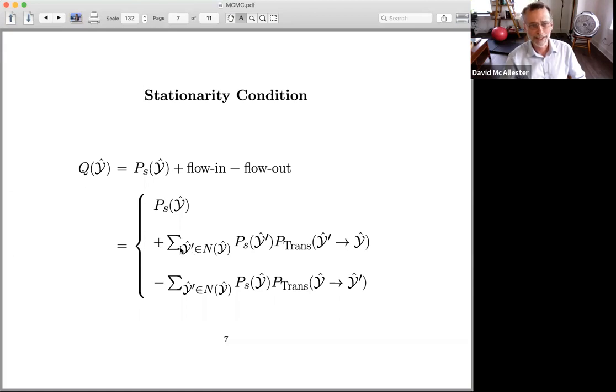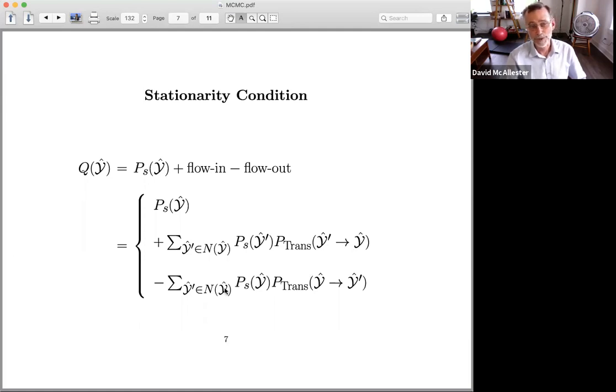So the next probability is the previous probability plus the flow in. And the flow in is just the sum over all the neighboring states of the flow in from that neighboring state, which is the probability of that neighboring state times the probability that if I pick that neighboring state, I take the transition from that neighbor to this state. So this is the flow in. It's the probability mass assigned to the neighbor state times the probability that I take the transition from the neighbor state to this state.